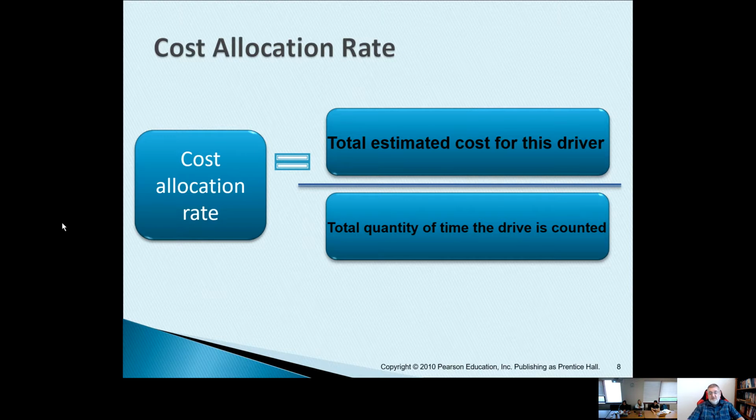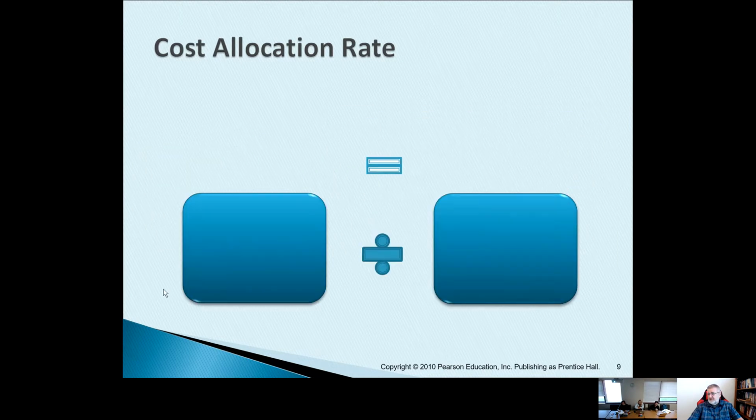So if he ends up moving 4,500 parts, and we say it's 18 cents per part, then we can figure out what we're charging. We've already figured out we're charging 18 cents. For every part he moves, we add another 18 cents. Does that make sense? You'll see it in a formula we're going to do in a little bit to see how that works out.